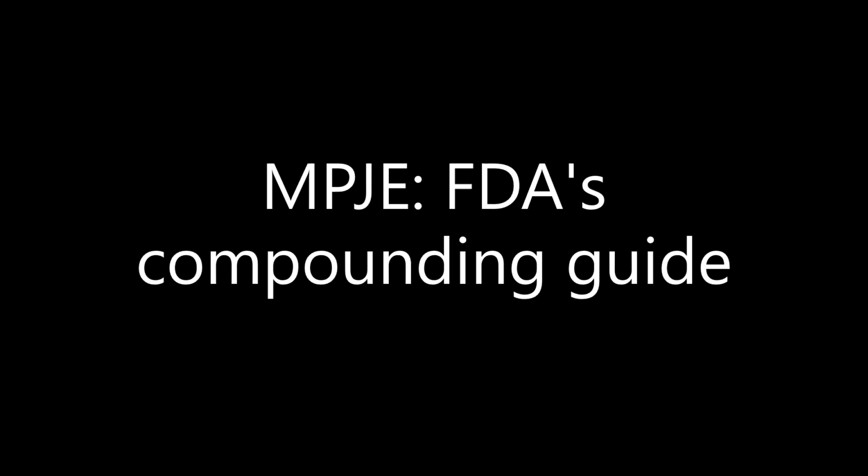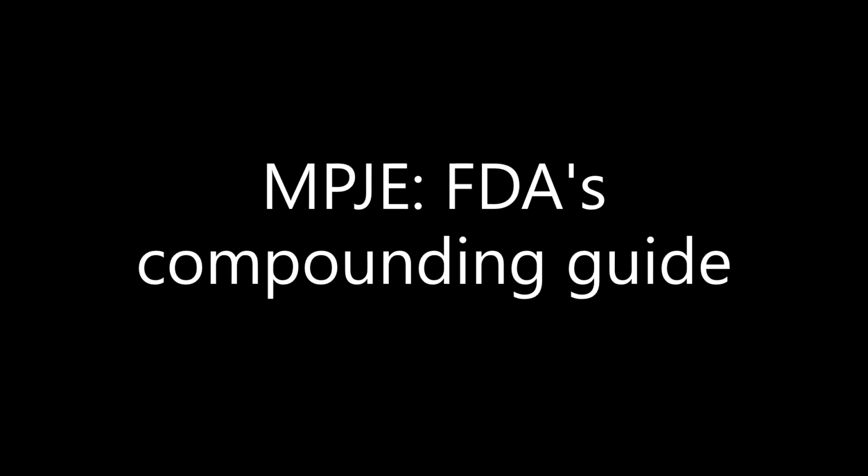I'm just going to go through things that, after I read it, I went through and highlighted. Sections 503A and 503B of the Food, Drug, and Cosmetic Act address human drug compounding. Section 501A is concerning current good manufacturing practice, CGMP.